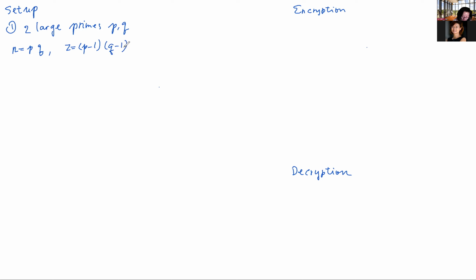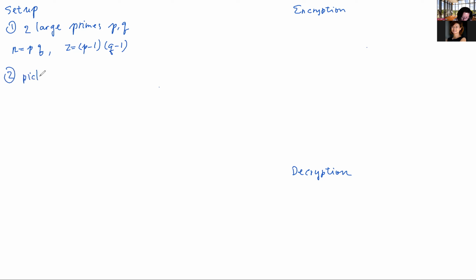N is called the modulus. The modulus refers to the key length. You've seen people say 2048-bit RSA. That refers to the length of N.